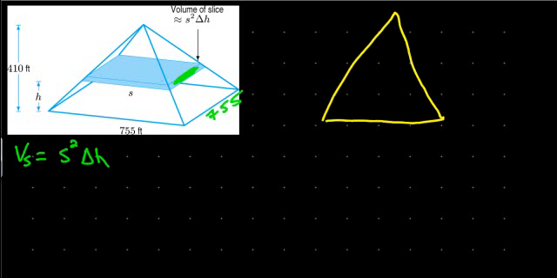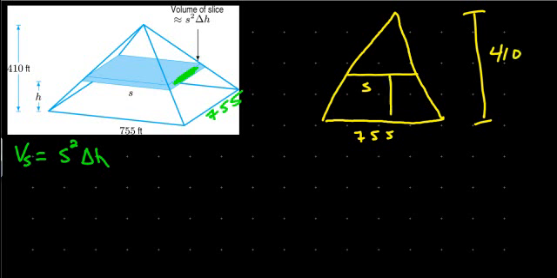So let's look at it. And it has width 755. And then up in here we have s. Okay? And we know the total height is 410. So if we call this height h naught, we know that this height is going to be 410 minus h naught.